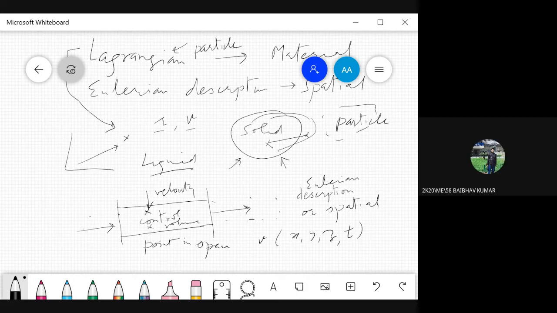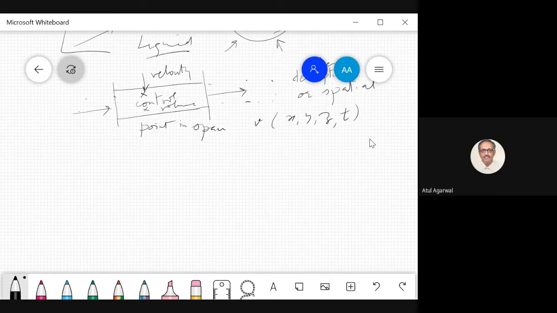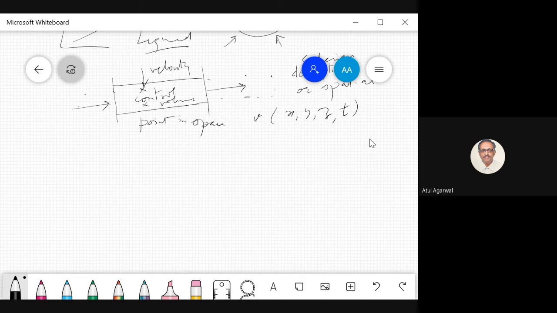Yes, sir. Now, if you want to find acceleration, how will you find acceleration? If I say velocity of the particle is given by this as a function of time, this is the velocity of a particle. So what will be its acceleration? Del v by del t. So you can give velocity description in a field form.